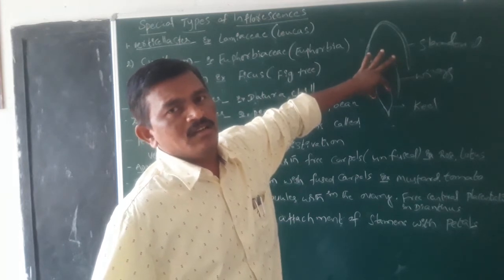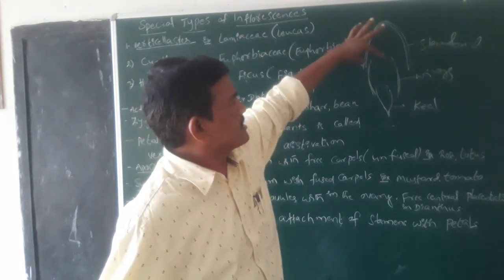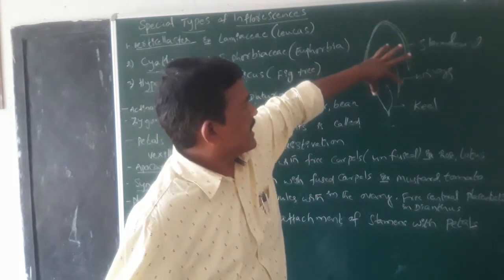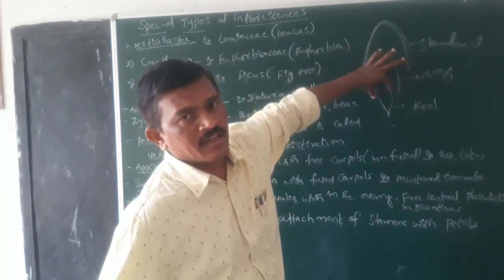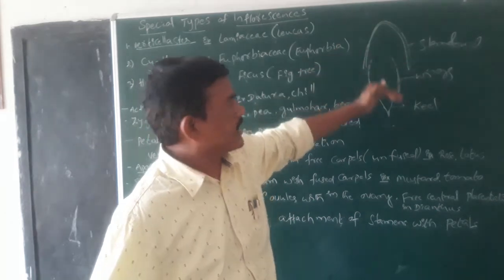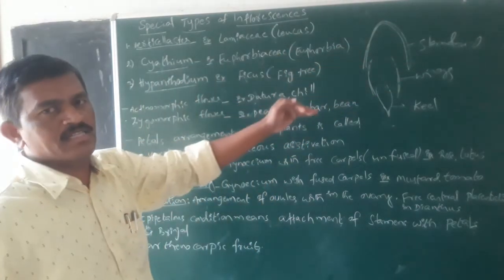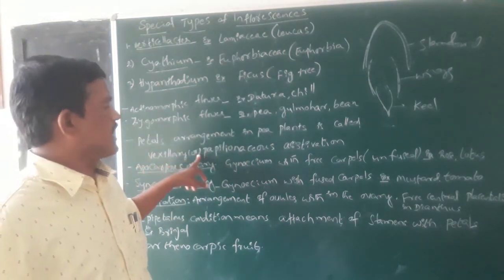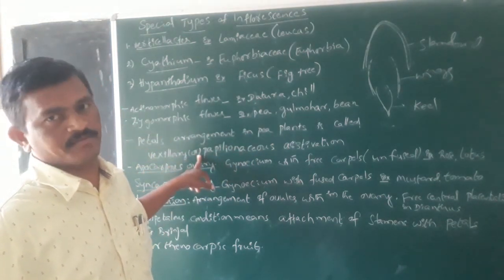Like that, the standard petal covers the margins of the wings, where the wings again cover the margins of the keel. This kind of arrangement of the petals or floral parts is called vexillary or papilionaceous aestivation.